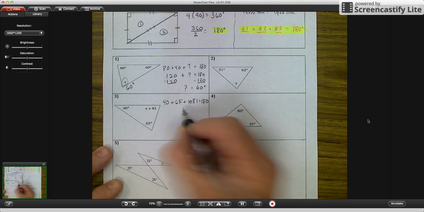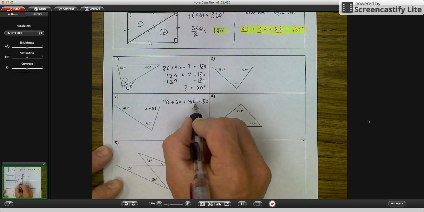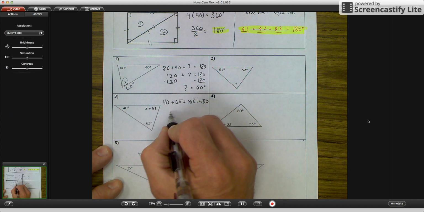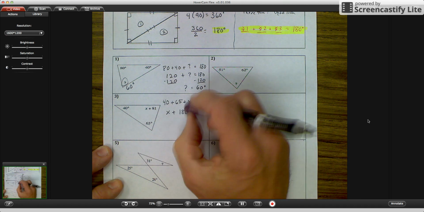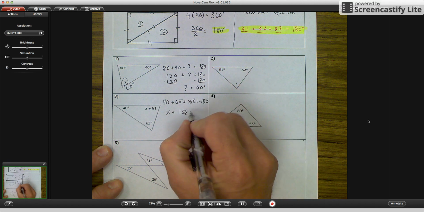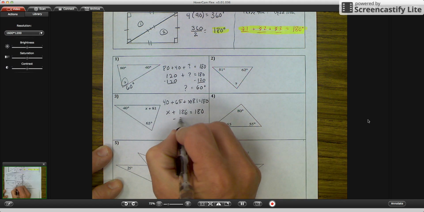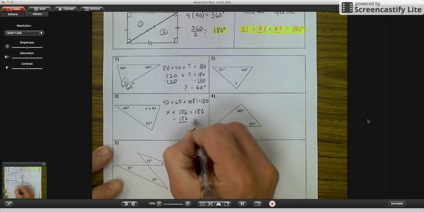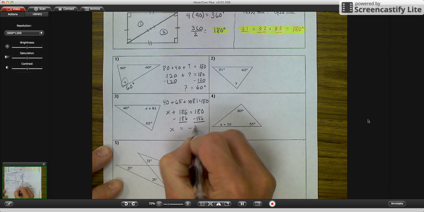Solving this equation, 40 plus 65 would be 105, plus 81 would be 186, so x plus 186 degrees is equal to 180. We subtract 186 from both sides, and we get x is equal to negative 6.